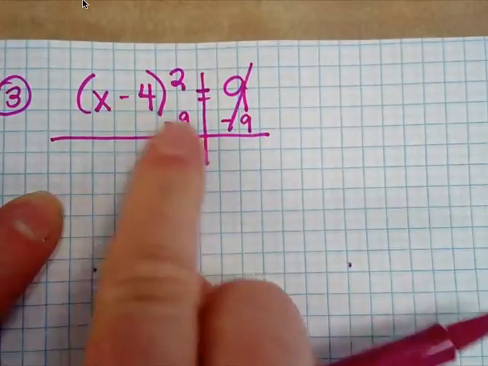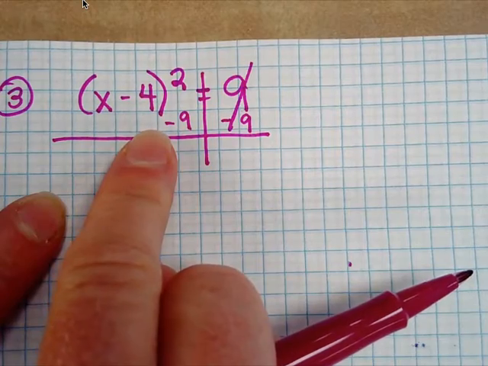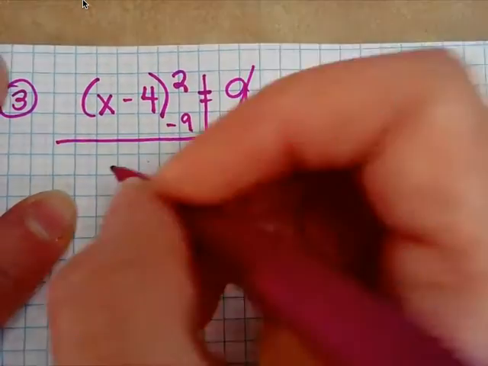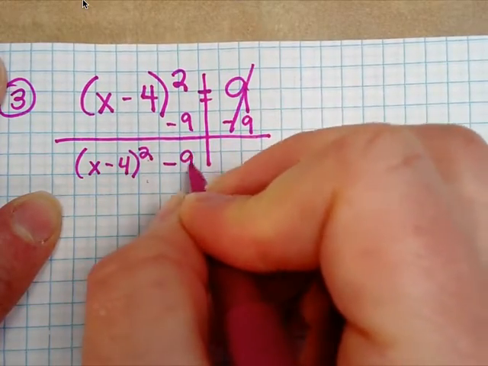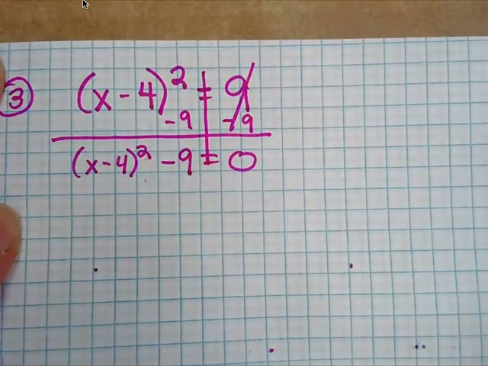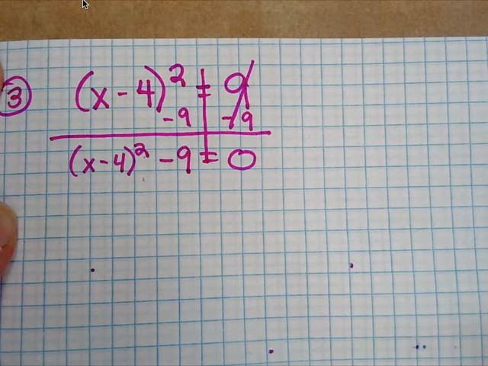But the thing is, we're not going to combine these either. So remember how I said keep it simple? It's just going to be (x minus 4) squared minus 9 equals 0. Keep them all separated.